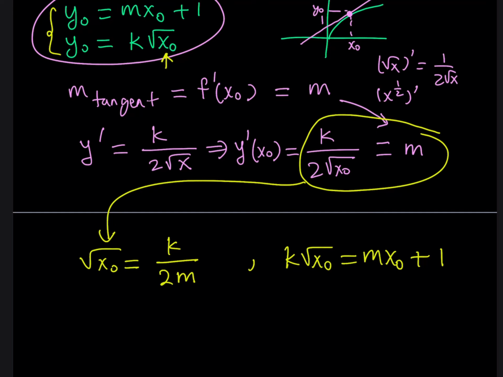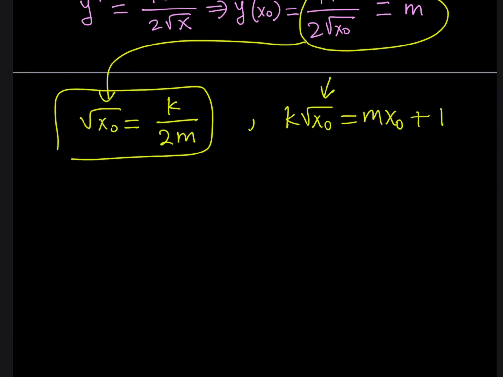Now, what I can do here is basically replace this radical with this one, and that'll do the trick. Let's go ahead and do that right now. So replacing the radical x0, I can write this as k times k over 2m equals m times x0 plus 1. Of course, I want to multiply and simplify this a little bit.